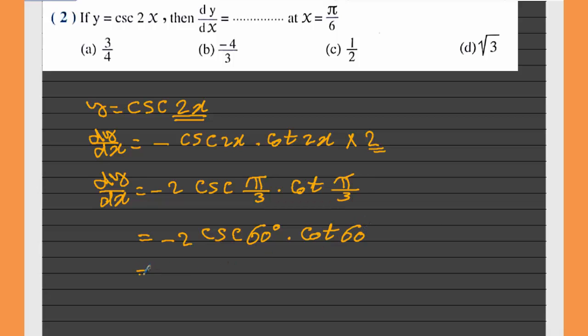So it is equal negative 2 multiply 1 over sine 60 multiply 1 over tan 60. Okay, here we can use calculator.